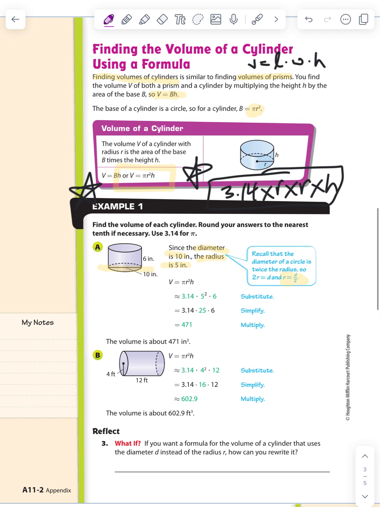So then when we plug it in, we get 3.14 times 5 squared, which is 25, times 6, which is 471. All right, the next example, yes, the cylinder's on its side, but we are still using the same formula. So we got 3.14, r times r, 4 times 4 is 16, times 12, which should be about 602.9.